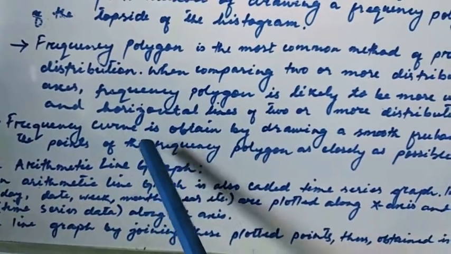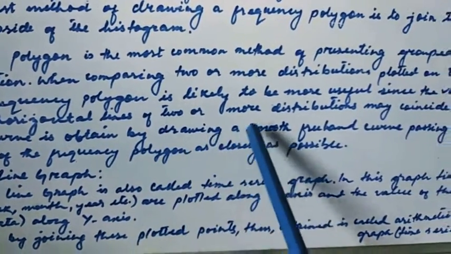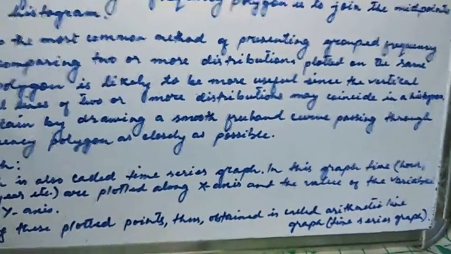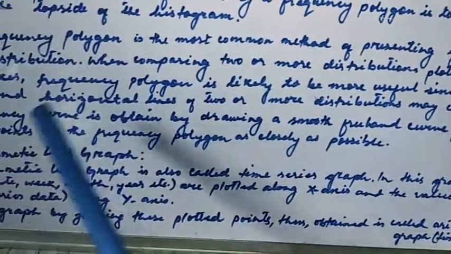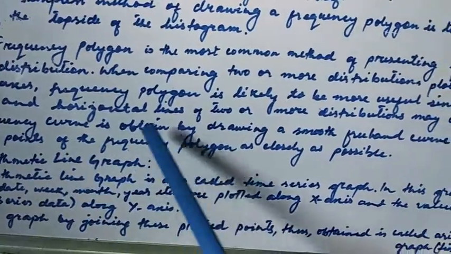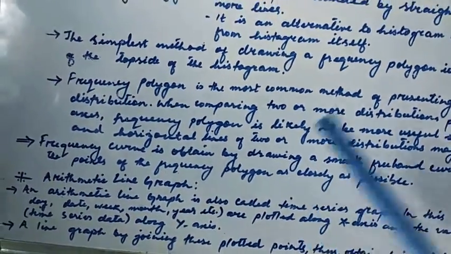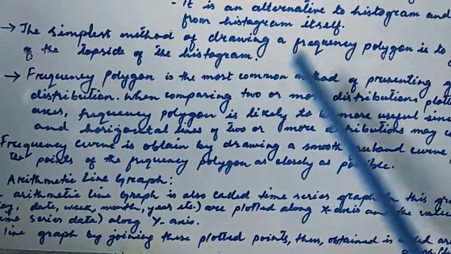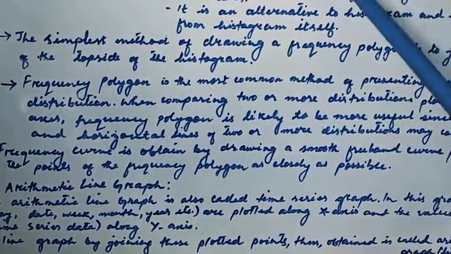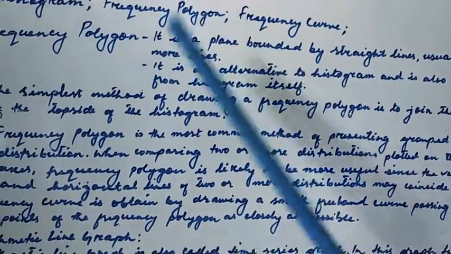A frequency curve is obtained by drawing a smooth freehand curve passing through the points of the frequency polygon as closely as possible. So we derive the frequency polygon from the histogram, and again we derive the frequency curve from the frequency polygon.